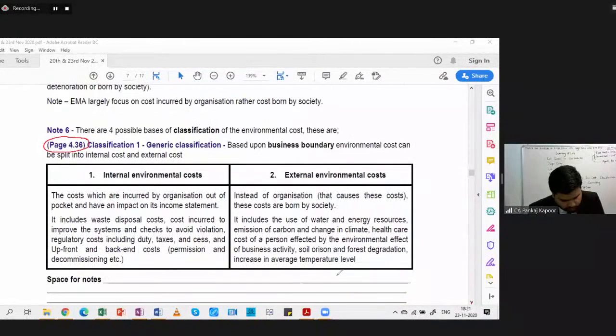No doubt the revised study material will be launched in some time. You'll see it in the next 25 or 30 days, but we should not go into that discussion. Instead, the important thing to mention is that this topic is already there. No doubt a proper heading is not made, but these classifications are written there. So it's important that we study these in order to gain knowledge of environment management accounting.